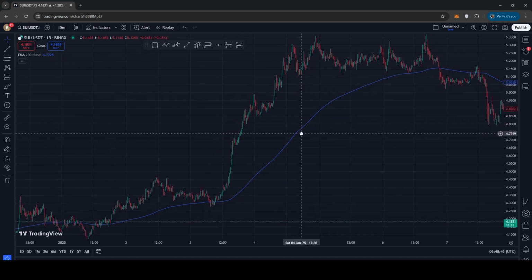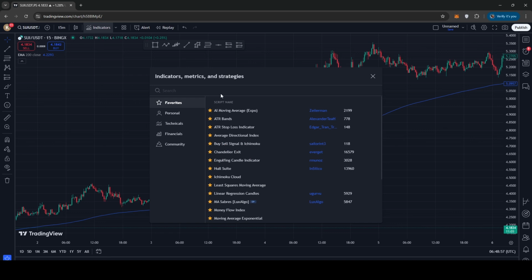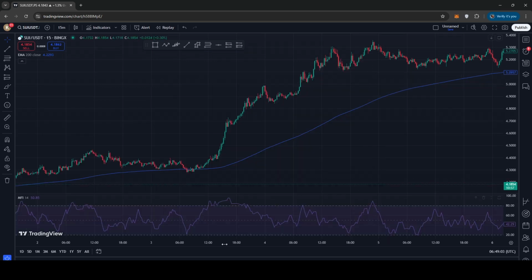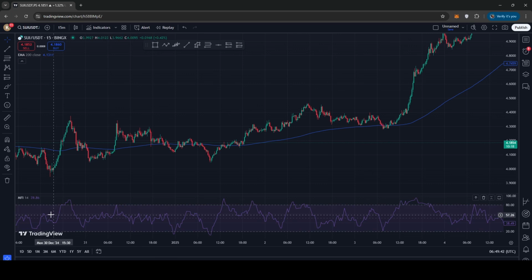So it's a very simple and useful tool to determine the trend. After that, what we need is the entry point for the signals. I want to use an oscillator called MFI, the money flow index. It shows us the volume of money coming through the market. I want to use MFI to get my entry points.